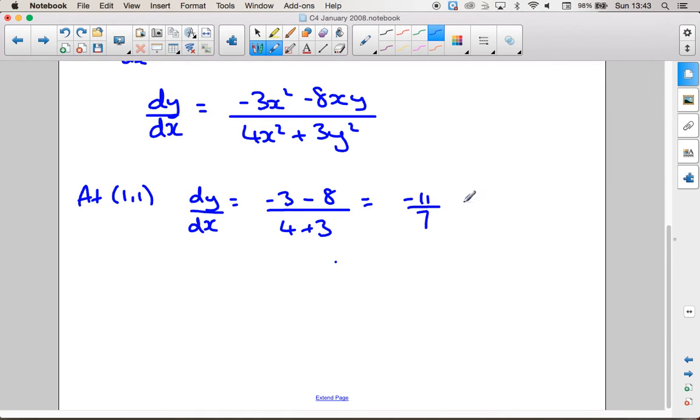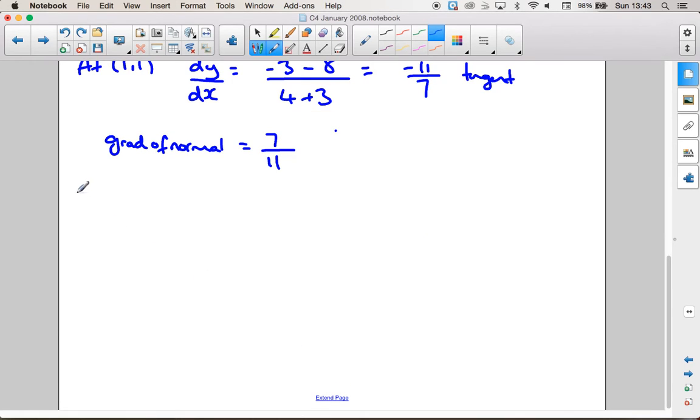That's the gradient of the tangent. So the gradient of the normal at 1, 1 will be the negative reciprocal of this, so 7/11.